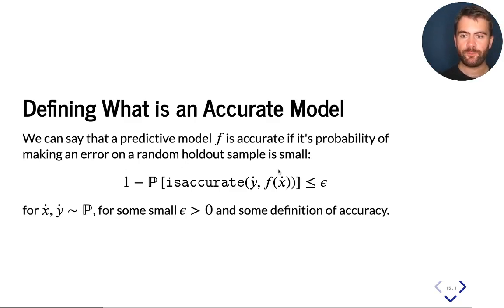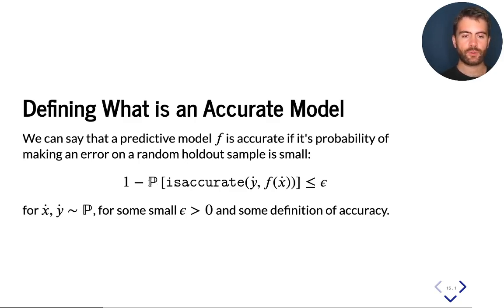And this formula is a way of making this intuition precise. So here we have a random sample x and y, and we are looking at the probability that it is not accurate. So 1 minus the probability that it is accurate is the probability that it's not accurate. And this value is at most epsilon, where epsilon can be thought of as some really small number, like 1%.